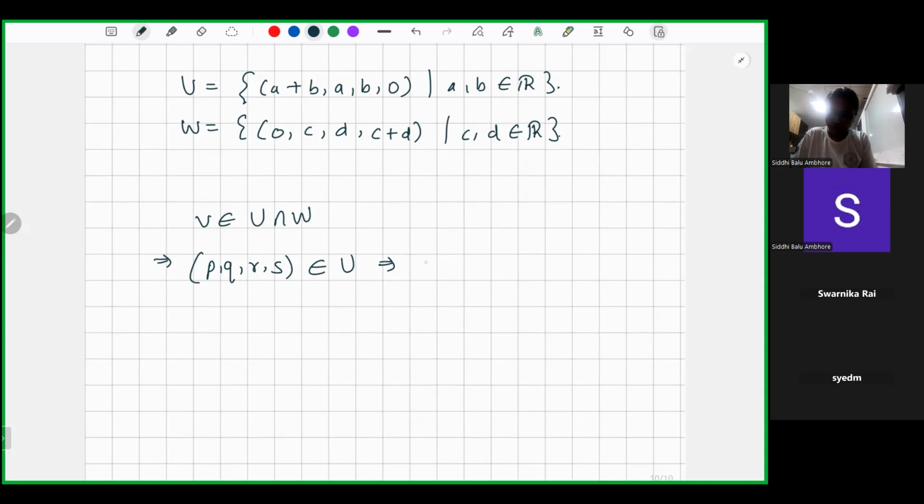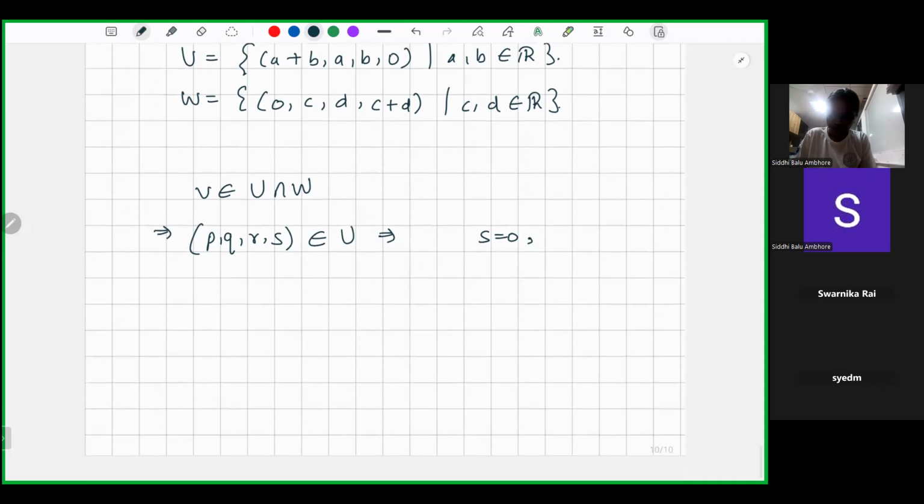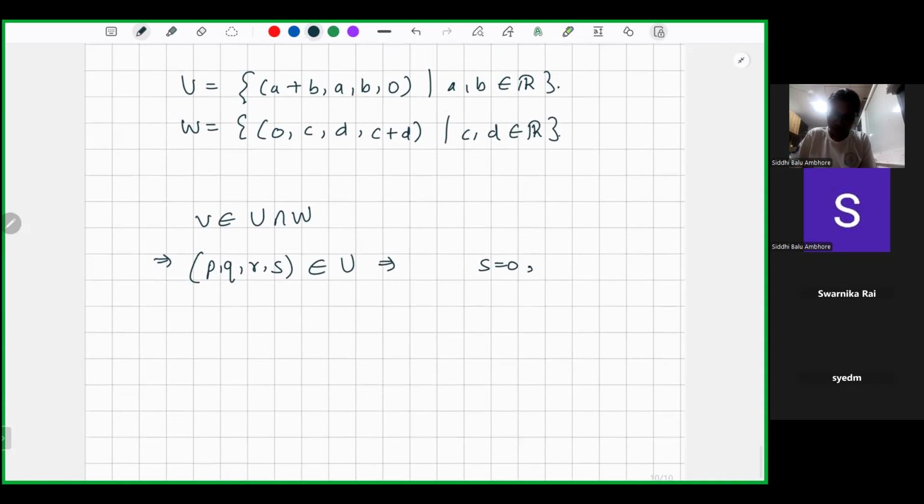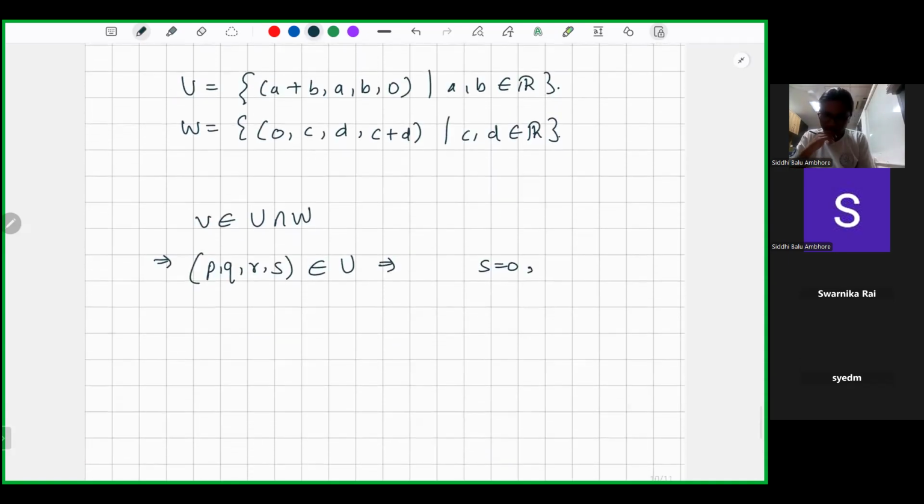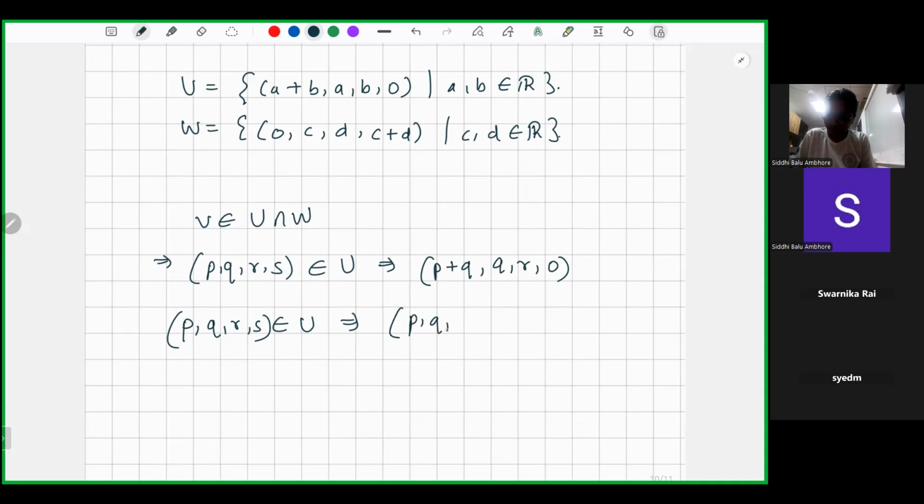And S is 0, and that's it. And from here, wait, here I have PQRS belonging to U. So this is of the form P plus Q, Q, R, and S.